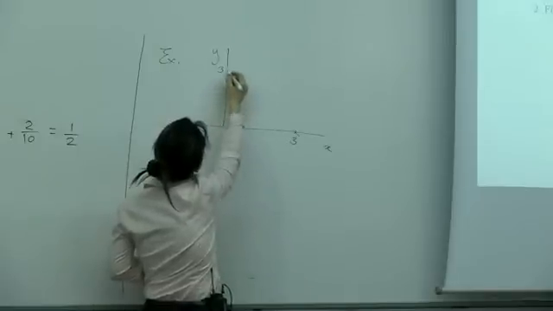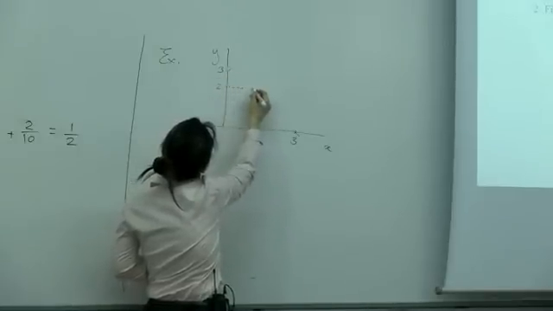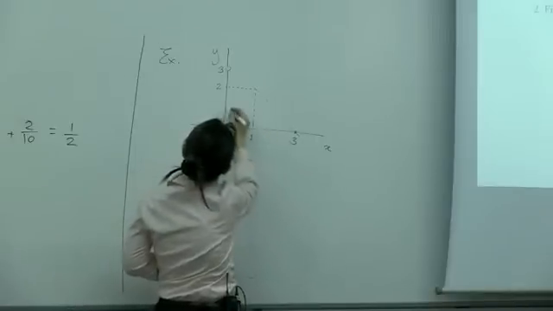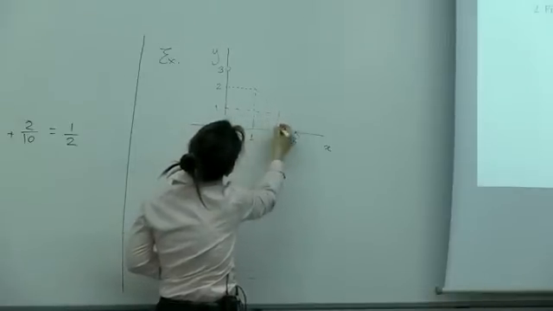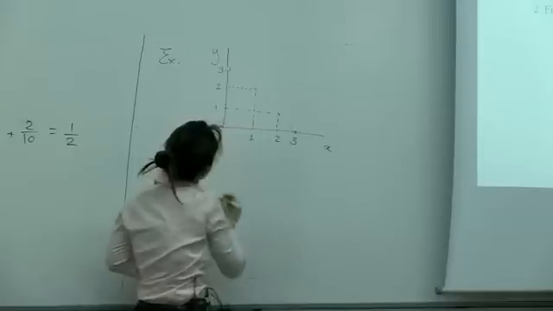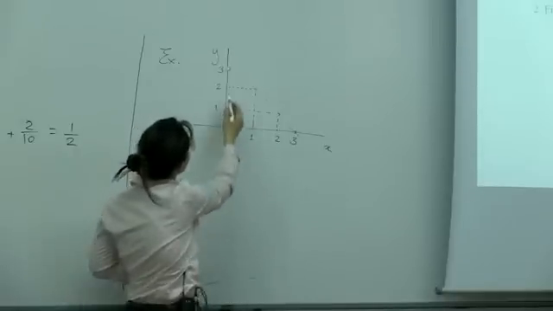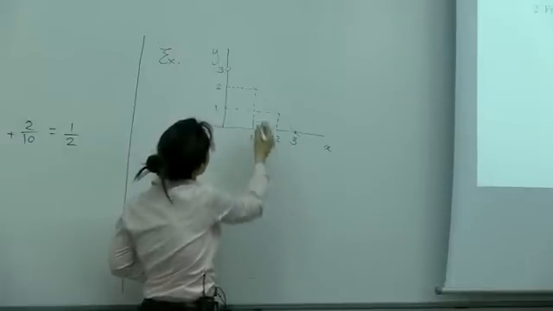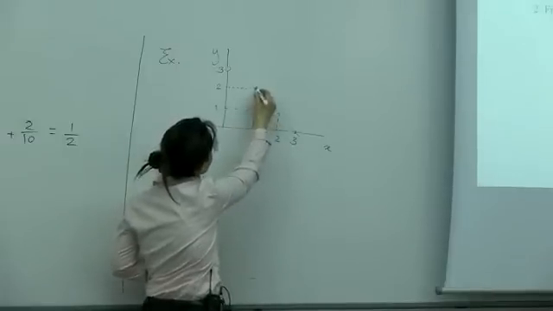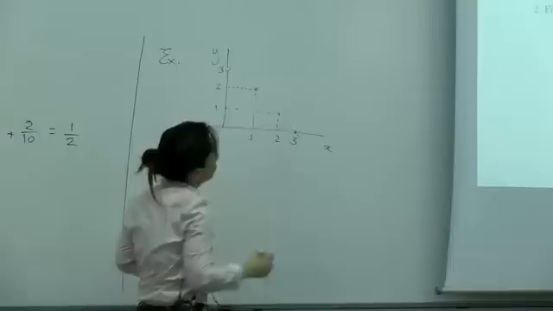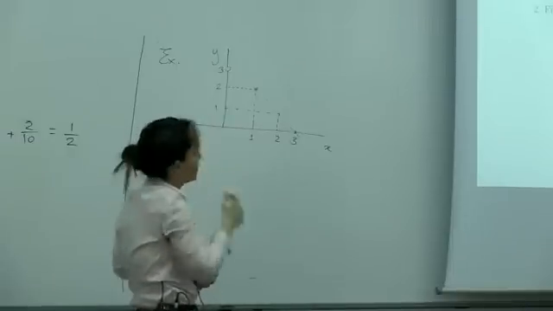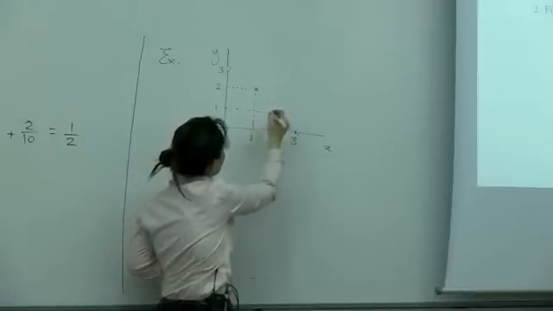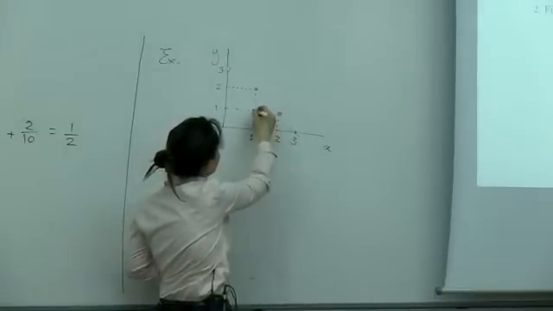Let's see. (2, 0): is it included? No. So this axis is not included, and this axis is not included. Is (2, 1) included? Yes. These are positive integers whose summation is less than or equal to 3. (1, 2) is included. (1, 1) is included.